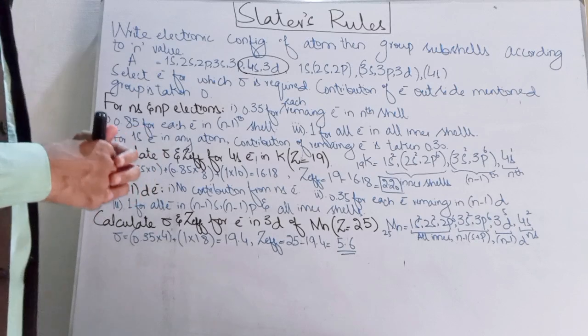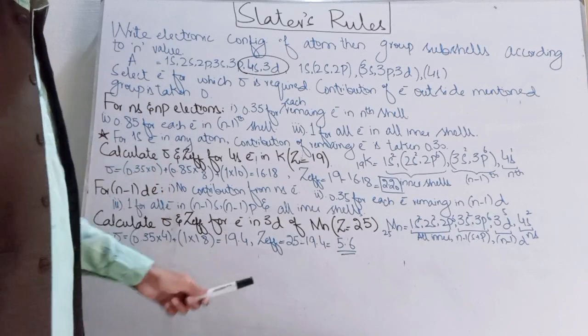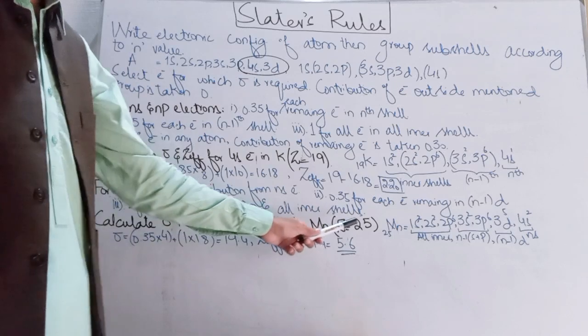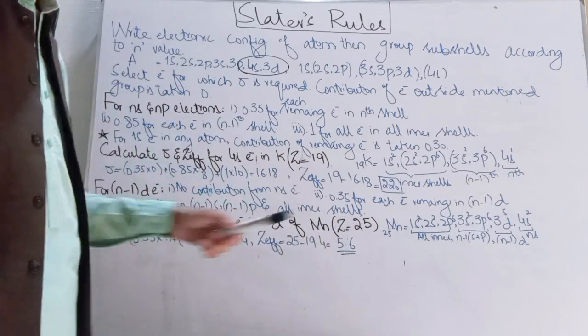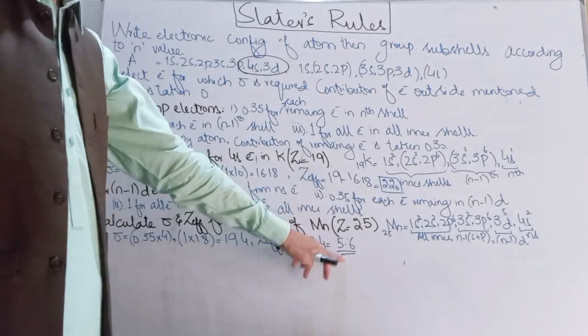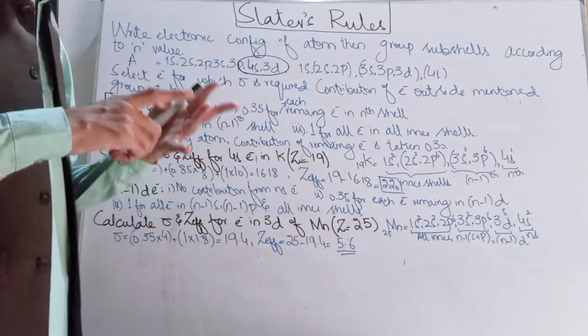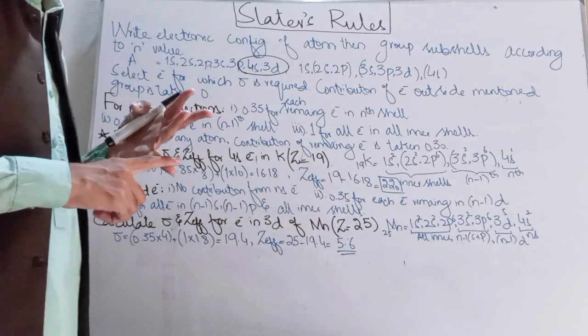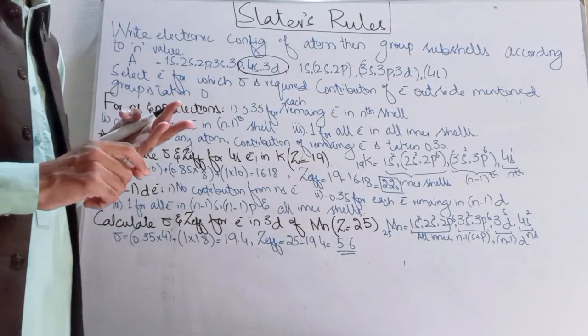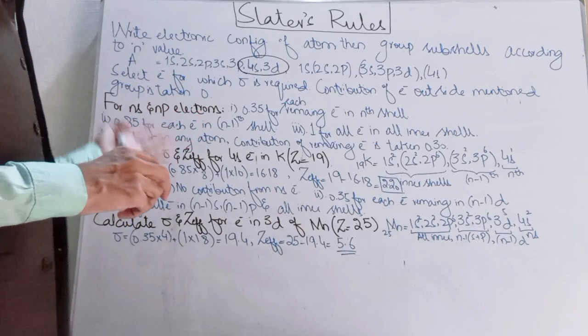So 19.4 is the value of sigma for Mn, and the Z effective for Mn, with atomic number 25, is Z minus sigma, which is equal to 5.6. So this 5.6 is the effective atomic number for one electron present in the n-1 d subshell of manganese. So this was all about Slater's rules.